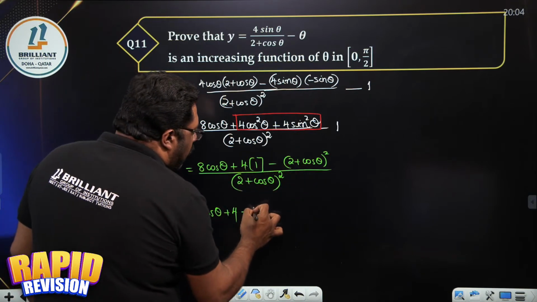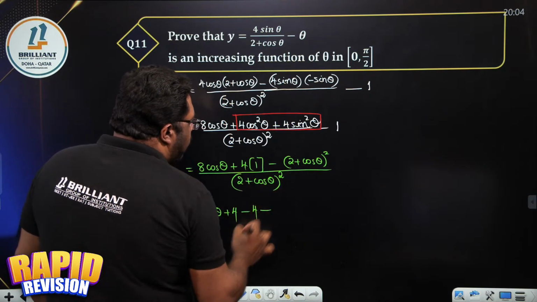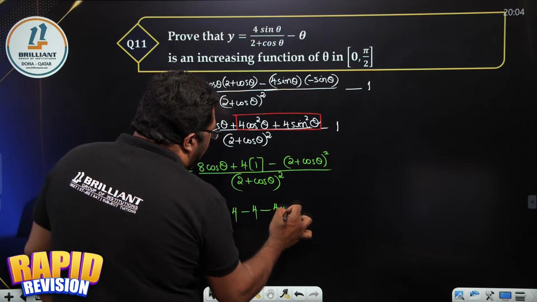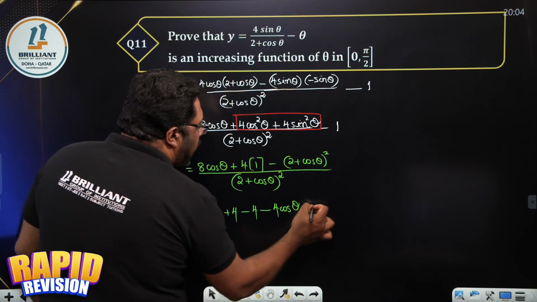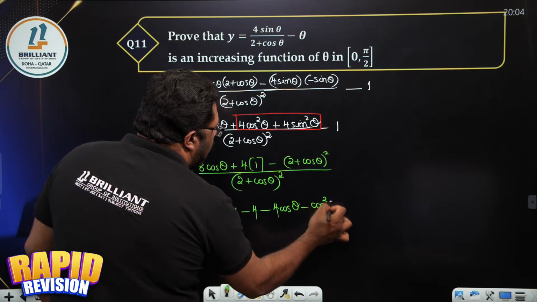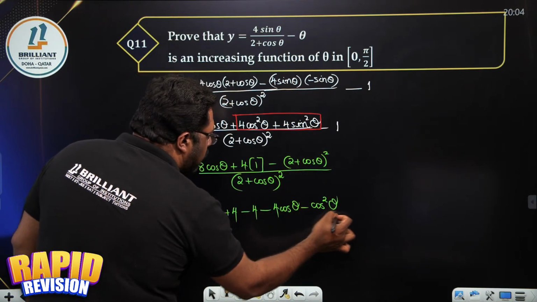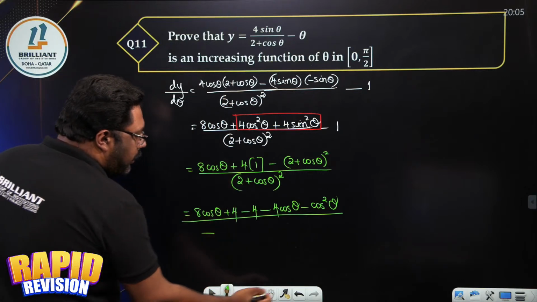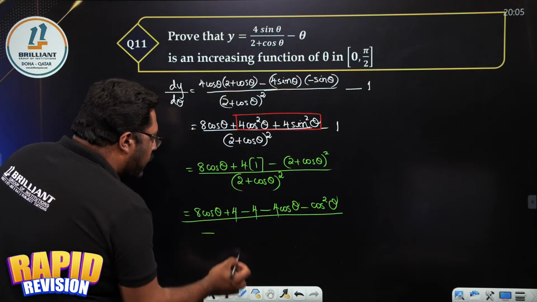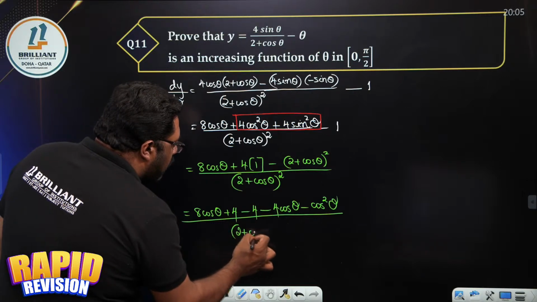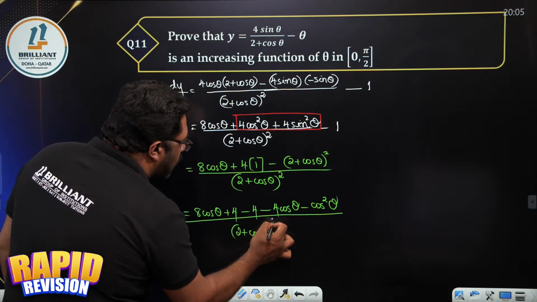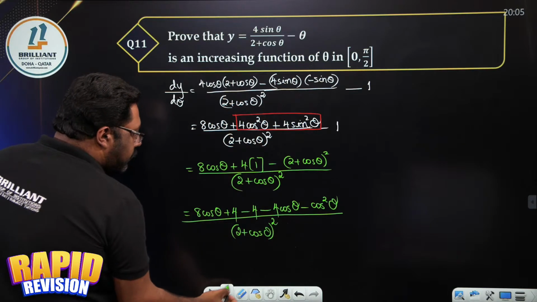Open the bracket. 4 minus 4 cos theta minus cos squared theta, divided by 2 plus cos theta squared.